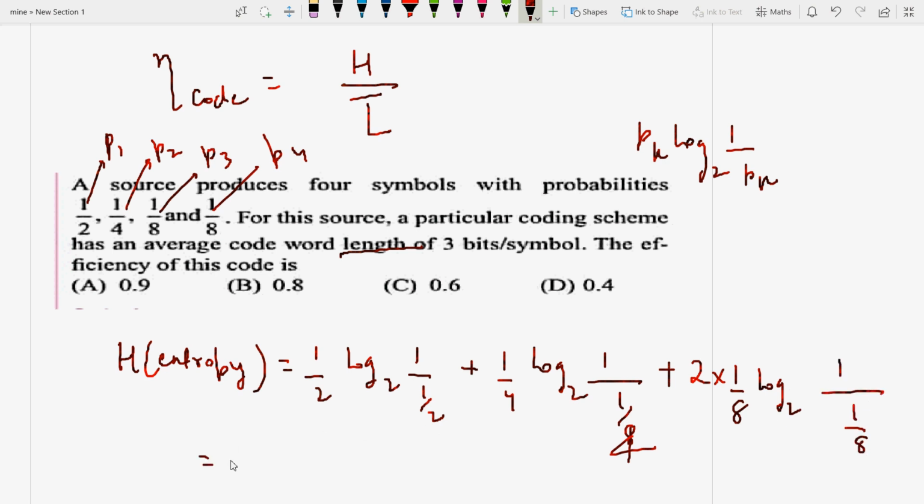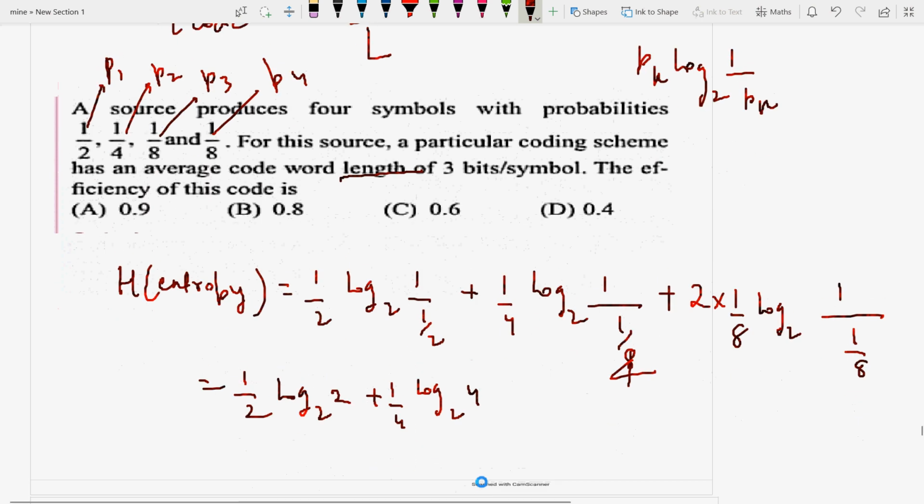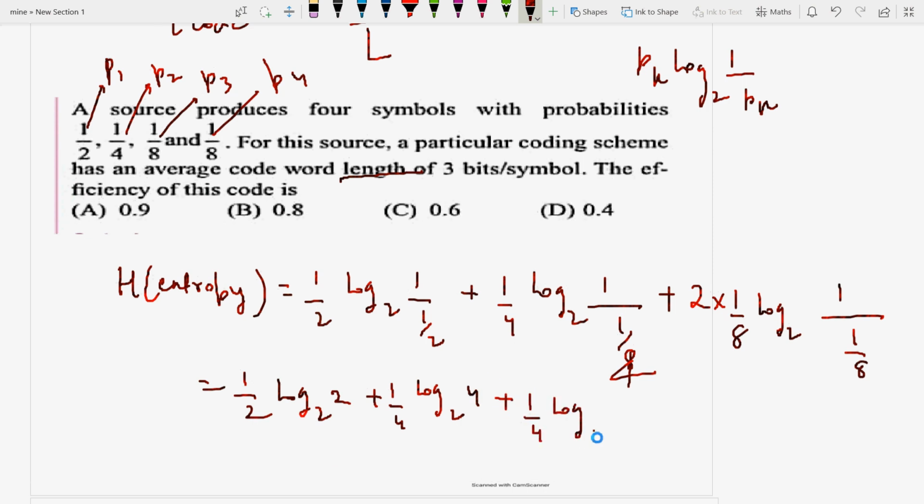So here it will be half into log base 2 of 2, plus 1 by 4 log base 2 of 4, plus 1 by 4 log base 2 of 8.